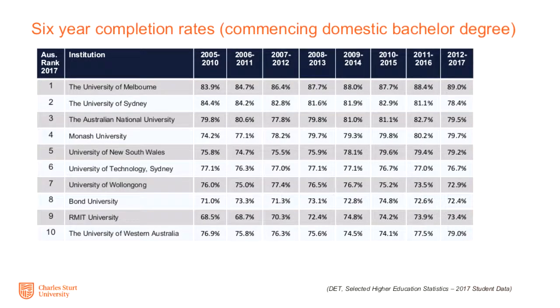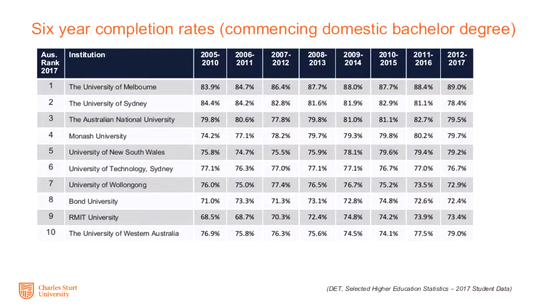These are the top 10 six-year completion rates in Australian universities. So this is not just online. You can see at the top of that list, of course, Melbourne University, 2012 to 2017 had an 89% completion rate. And then rounding out the top 10 is the University of Western Australia at 79%.